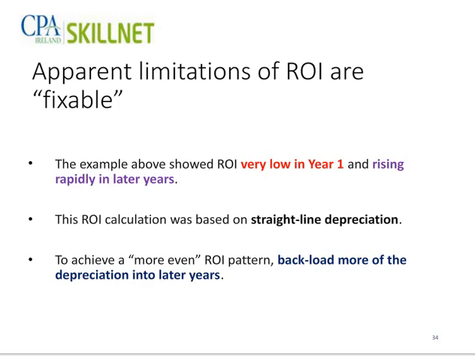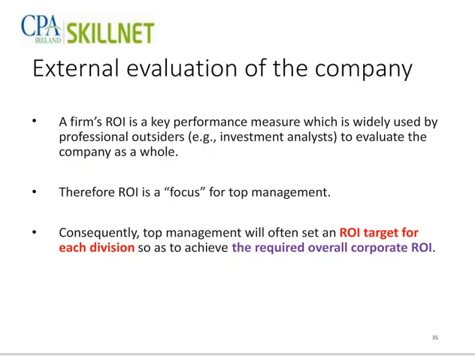One way to solve the problem somewhat is to use a different depreciation method, and in particular one which will backload most of the depreciation into a later year. If that is done, it will have the effect of giving a more even return on investment pattern, so that the earlier years look better and all of the benefit isn't backloaded into a later year. And therefore the benefit of the investment becomes more obvious to the manager in the short run, and the investment becomes attractive.